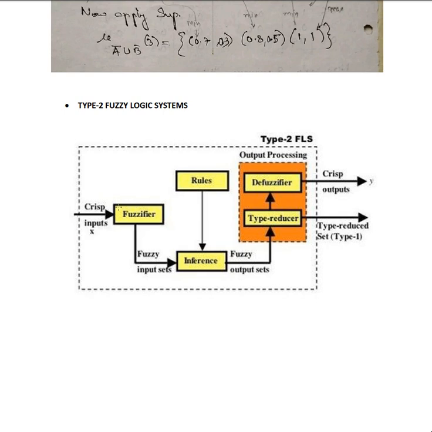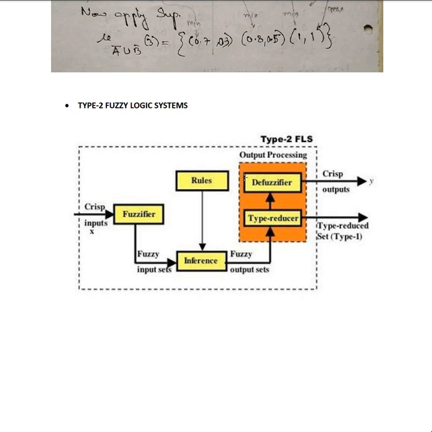The block diagram of a type 2 fuzzy system consists of a fuzzifier. A crisp input is given, and after the fuzzifier it produces a fuzzy input, which produces a membership. That membership is grouped as per the rules, and the rules are applied to the inference, where the inference maps between the rules and the fuzzy inputs, and thereby produces a fuzzy output.